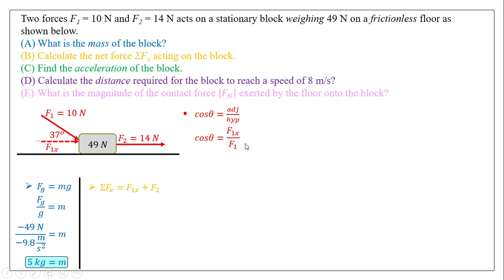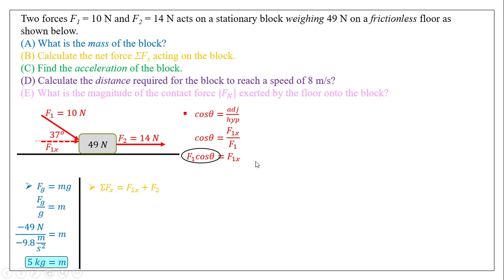To solve for F1x, we simply multiply both sides by F1. So F1x is simply F1, the hypotenuse, times the cosine of theta.